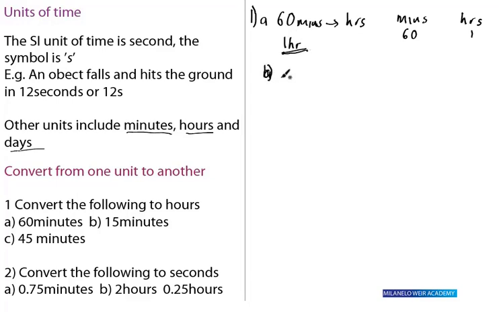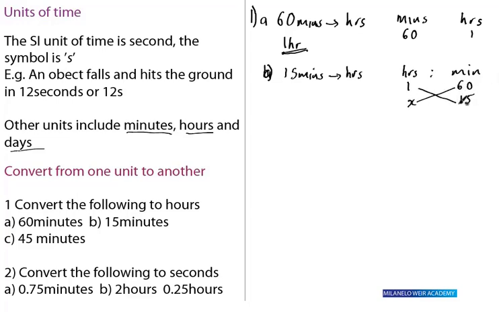B, we are to change 15 minutes to hours. Once again, the ratio of hours to minutes. 1 hour is 60 minutes. So 15 minutes is x.